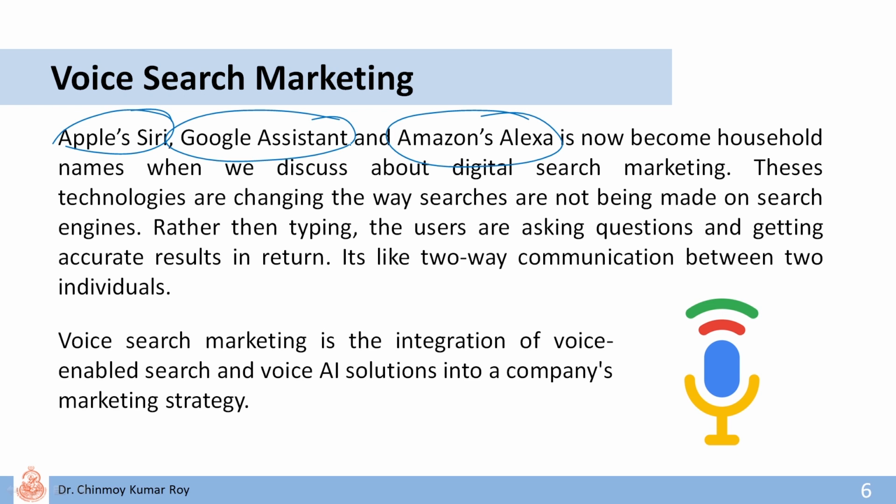Rather than typing, most of the time I have seen people don't tend to type anything. I have given the example of small kids. They will instantly open YouTube, and obviously they don't know how to type. A 4-year or 5-year-old kid knows that there is something called YouTube and there is some cartoon.